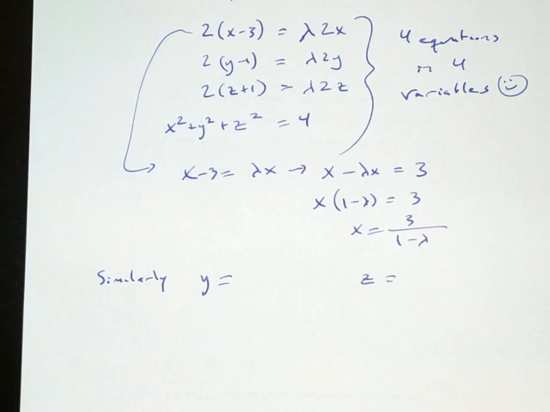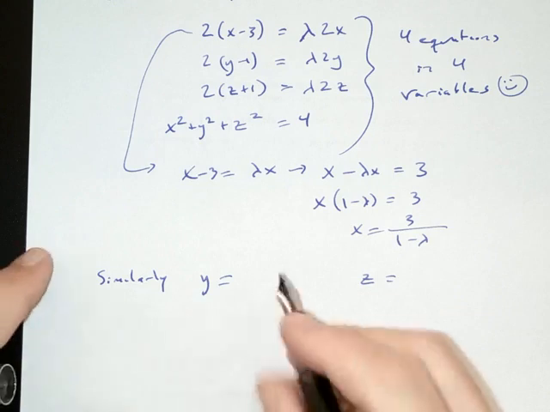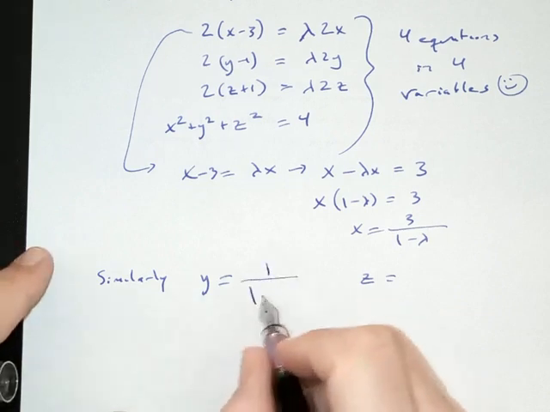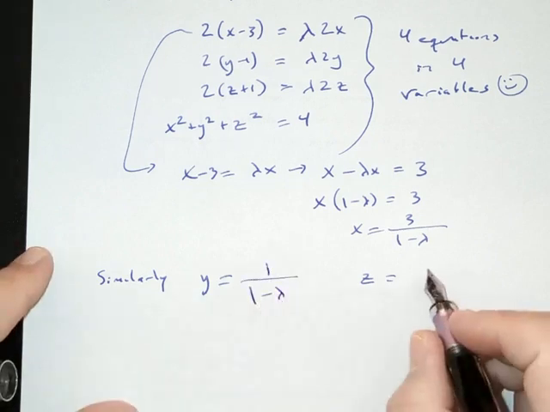What do you get? y equals 1 over 1 minus lambda. z equals 1 over lambda, plus 1.